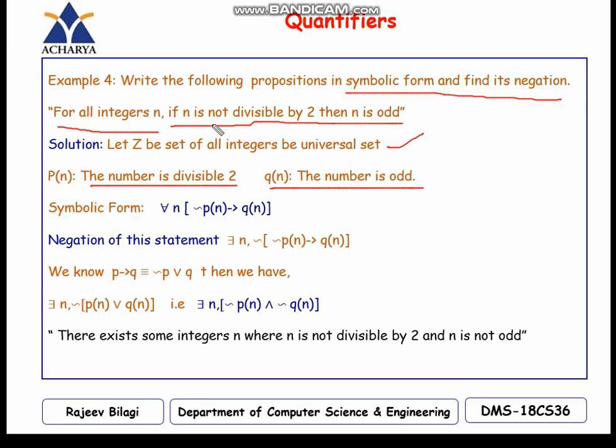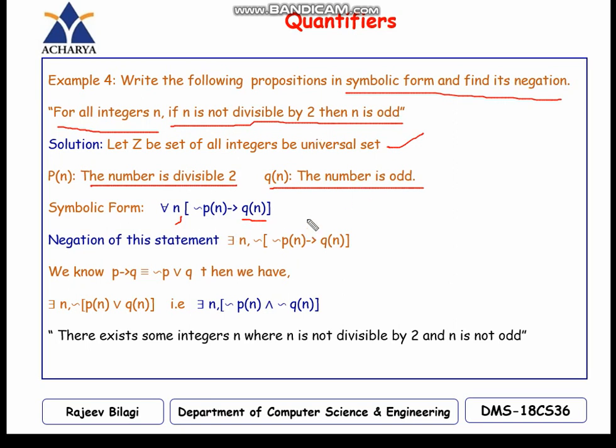Now I can write the symbolic form: for all n, if n is not divisible by 2, that is negation of P of n, because I have taken number is divisible by 2 as P of n, then Q of n. So then n is odd.